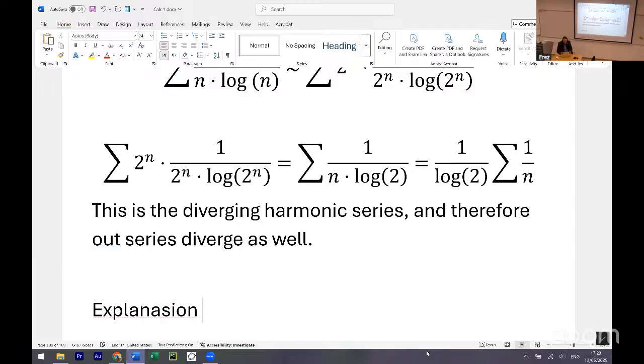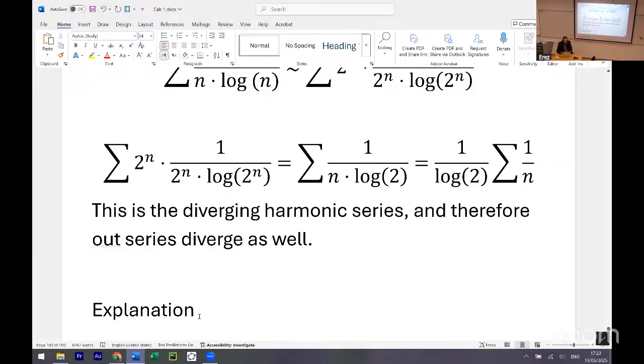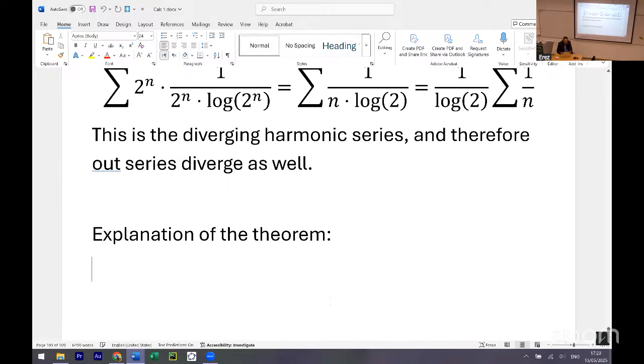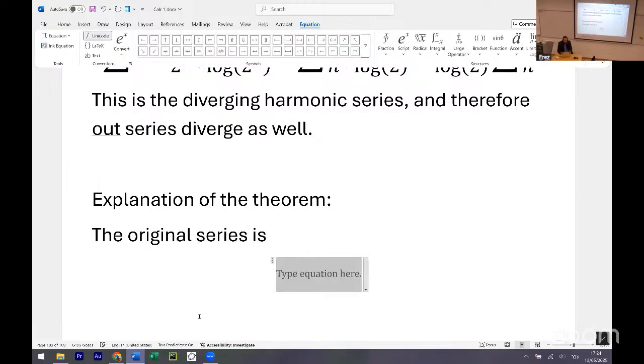Explanation of the theorem. It is the main thing. I just skipped details. Look, the original series is A1 plus A2 plus A3 and so forth.